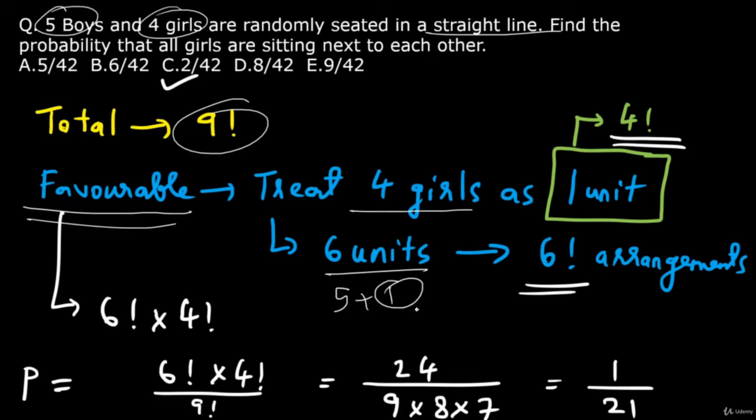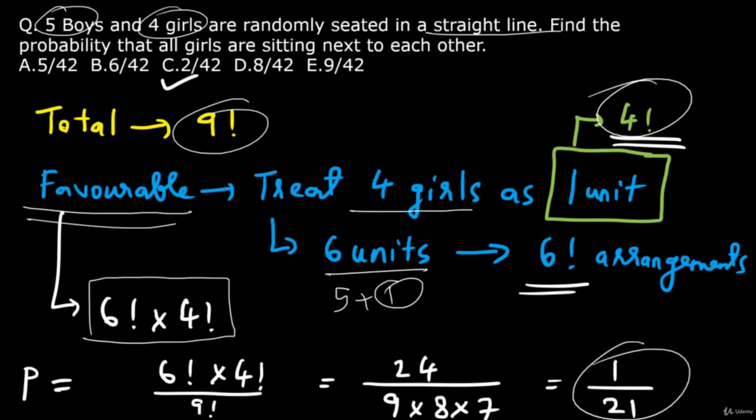So these 4 girls among themselves can be arranged in 4 factorial ways because they are also in a straight line, right? Therefore, the favorable cases is 6 factorial into 4 factorial. And probability is favorable by total. So that's 6 factorial into 4 factorial by 9 factorial. And this simplifies to 1 by 21, which is the same as 2 by 42, which is answer option C.